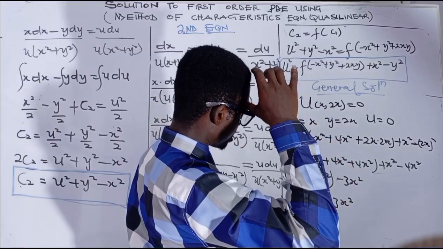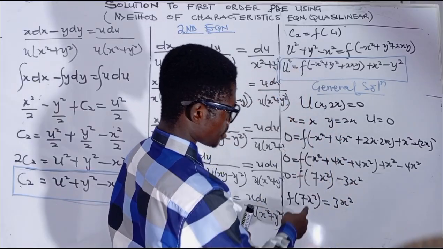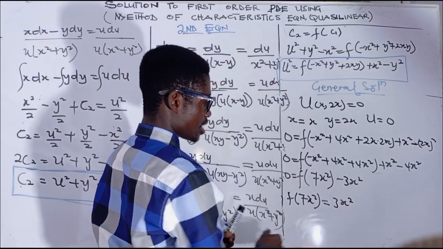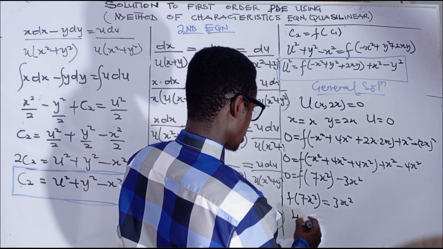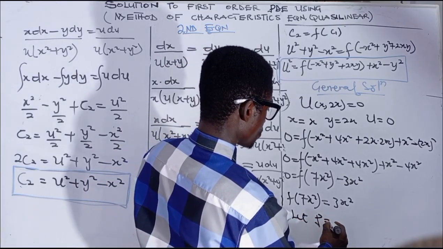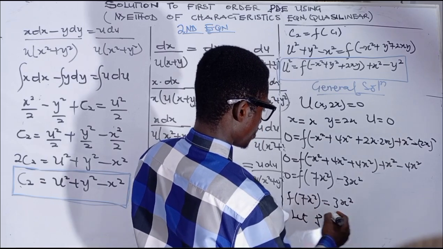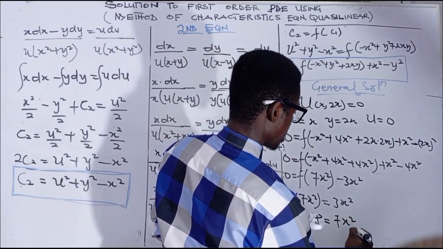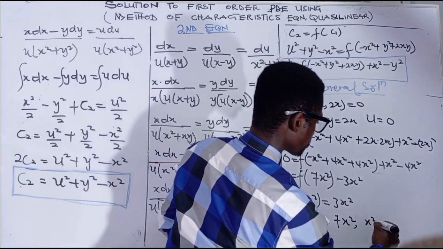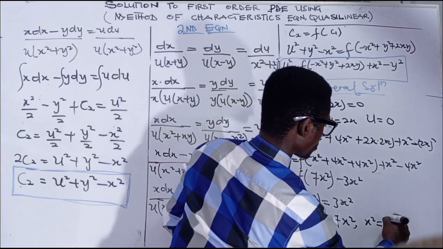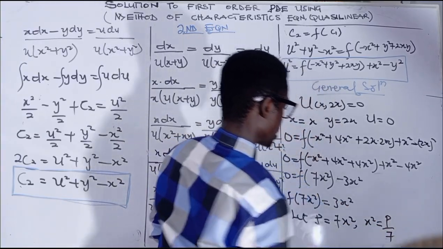So what we are going to do is just find out what happened to 7x squared that gives us this. So we let any variable, let's say p. We let p be equal to what is in the function, 7x squared. From here we can make x squared the subject, since we have x squared here, and that gives us p all over 7.